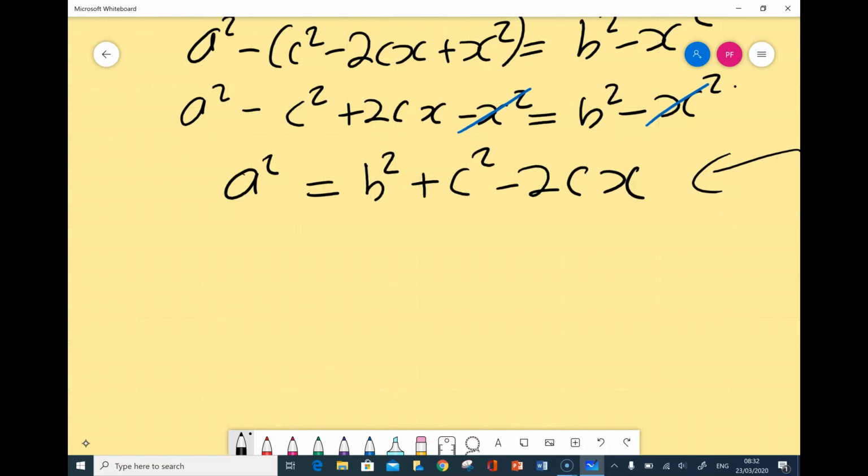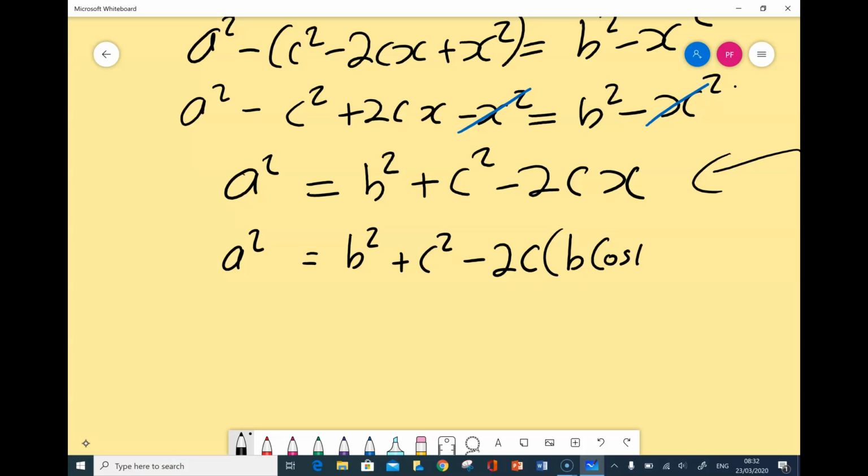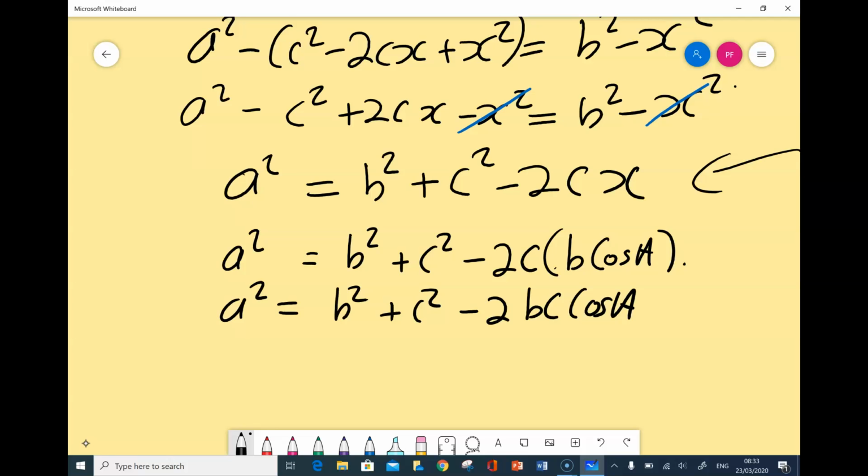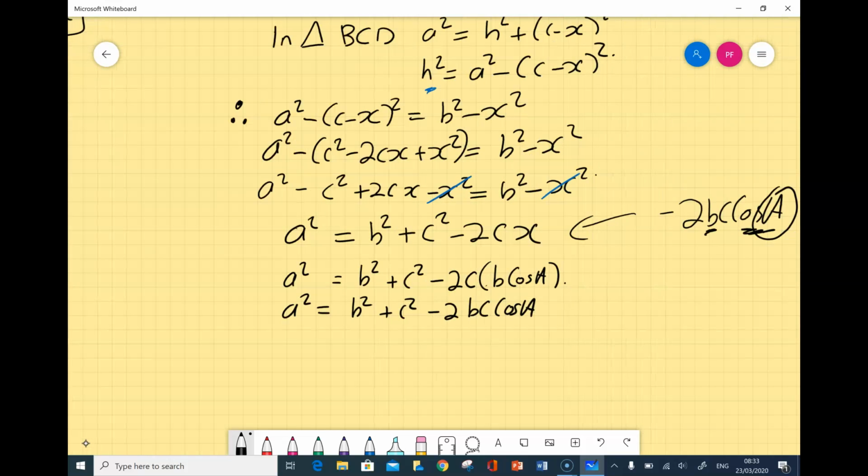So a squared equals b squared plus c squared minus 2c times b cos A. Then we just rearrange it, because they're multiplying: a squared equals b squared plus c squared minus 2bc cos A.